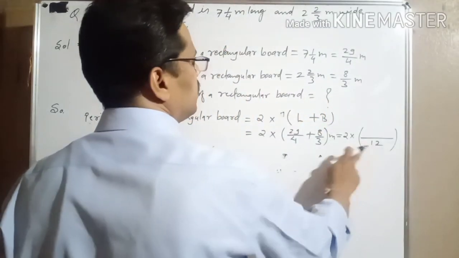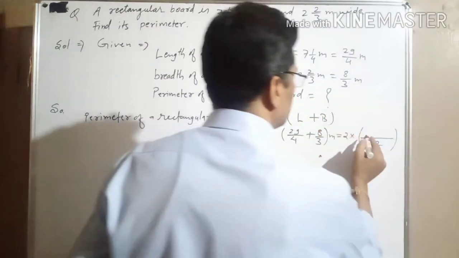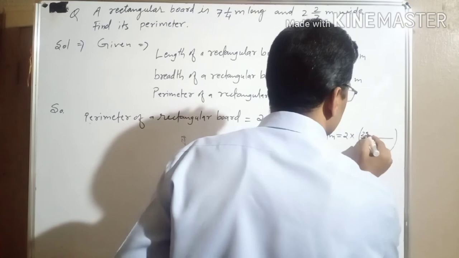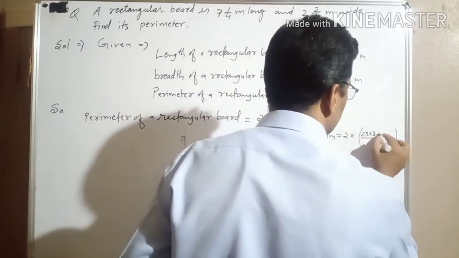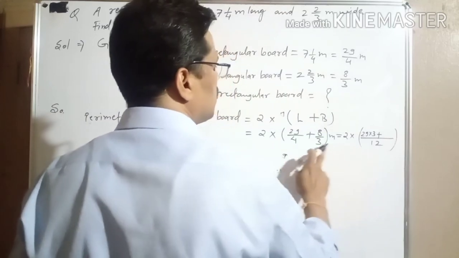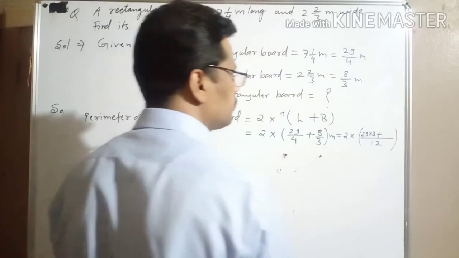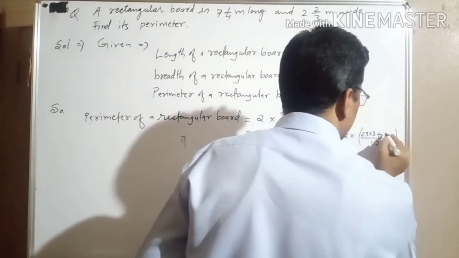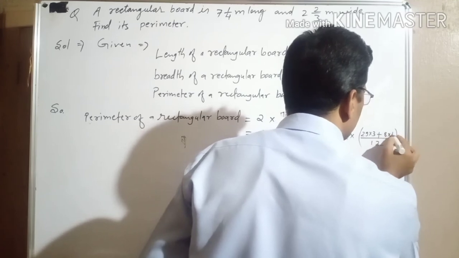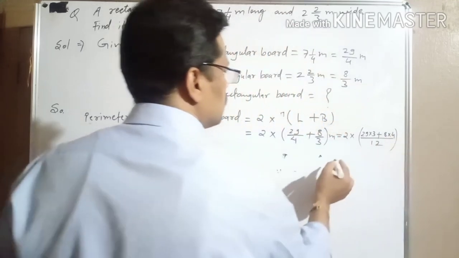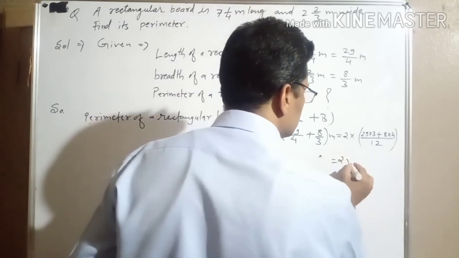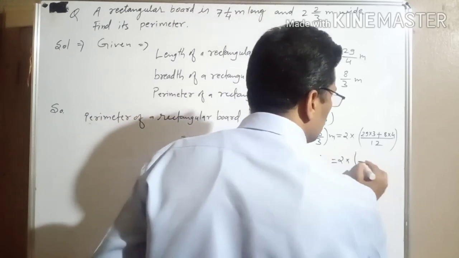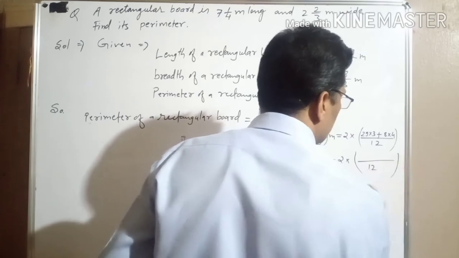So this 12 divided by 4, you get 3, into 29 multiplied by 3, plus sign. This 12 divided by 3, you get 4. So this 8 multiplied by 4. Now 2 will come and it is upon 12 here.